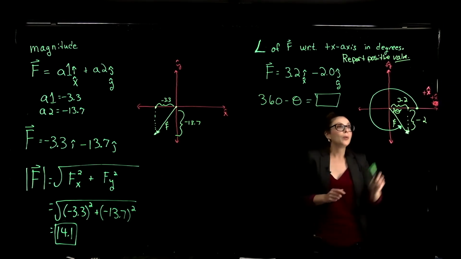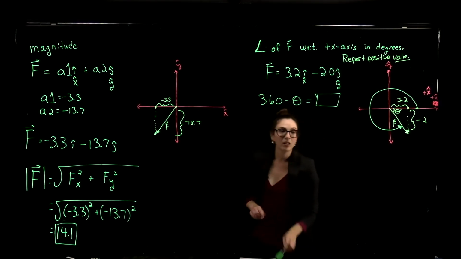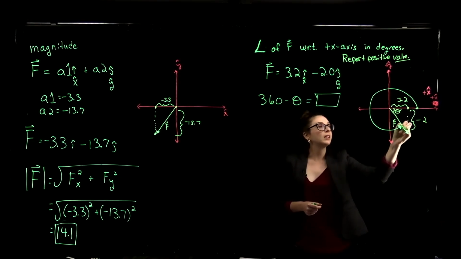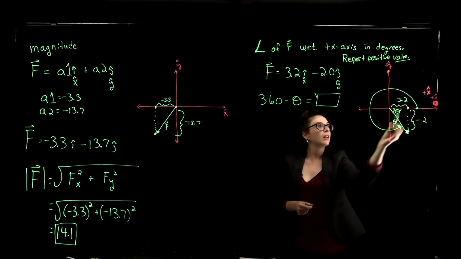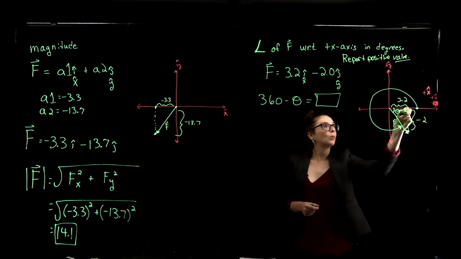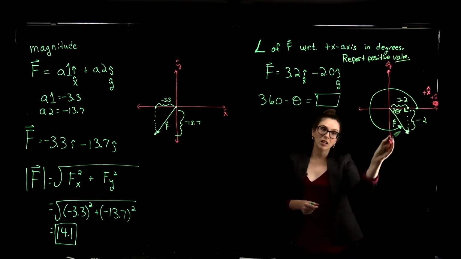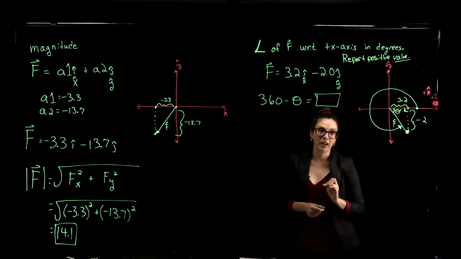Okay, so let's work on how we get that angle. We can use trigonometry. We know this leg and this leg of the triangle. This is my angle theta, and this right here is a right angle, so this is a right triangle. Then my vector here is the hypotenuse of that triangle.